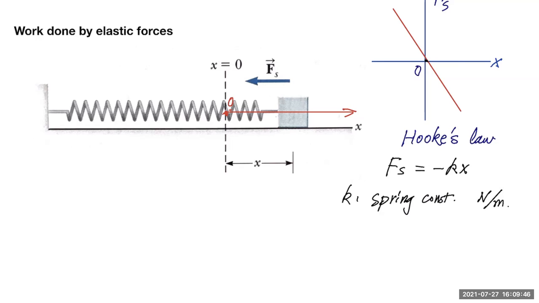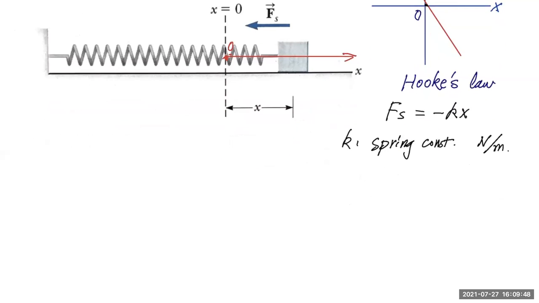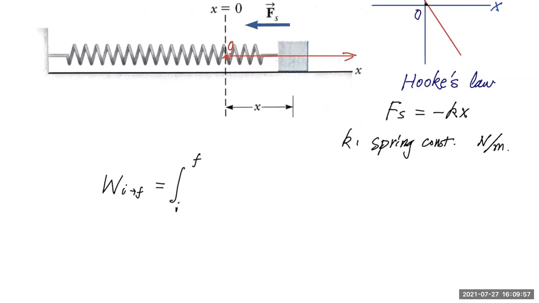Well, the work done by any force, there's a generic formula for that: the integral from initial to final of F dot dr. dr is the displacement. Now everything happens in one dimension, so I'm going to use the unit vector i to indicate direction.